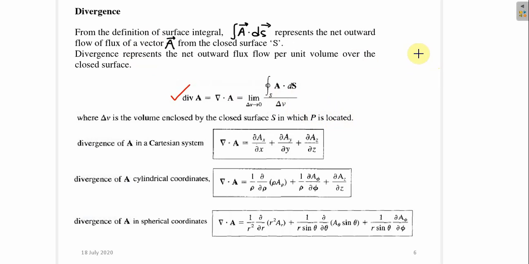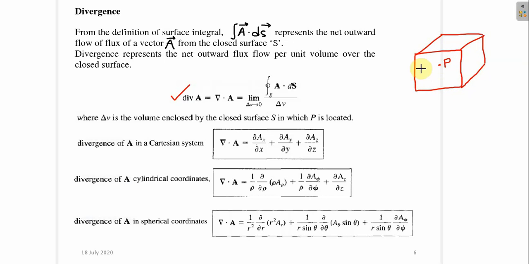Let's take an example. Say we have a point P in a cuboid, and it is enclosed by this surface.